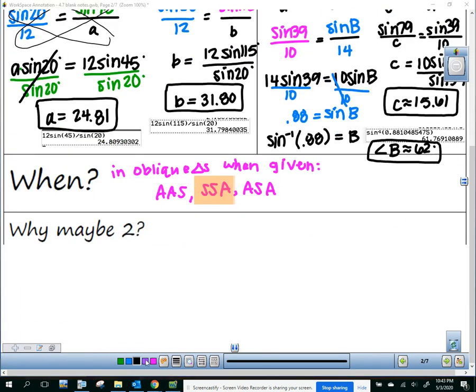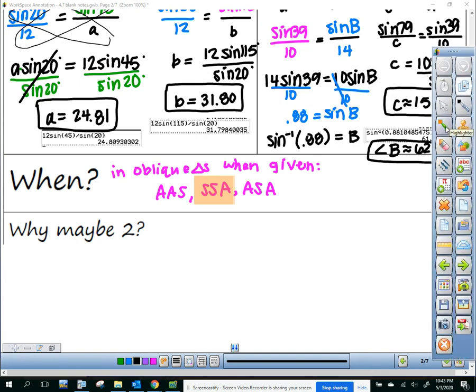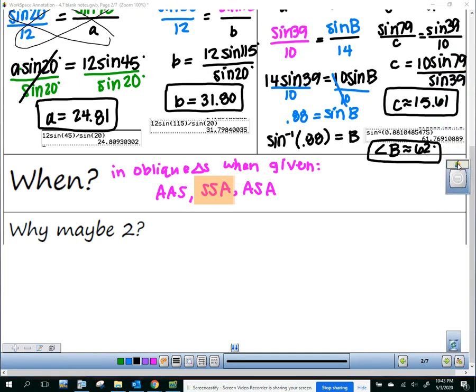Now, that is a special case when you have side, side, angle, because you could possibly have two triangles created with those given side and angle measures.